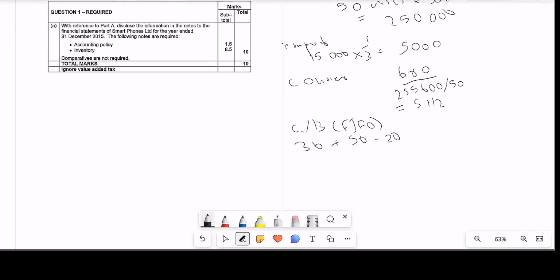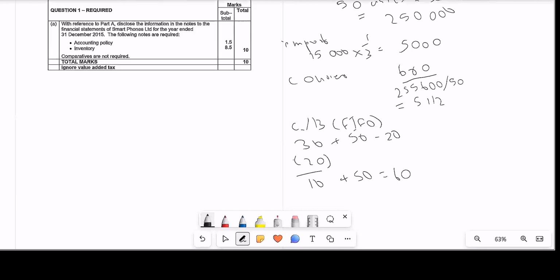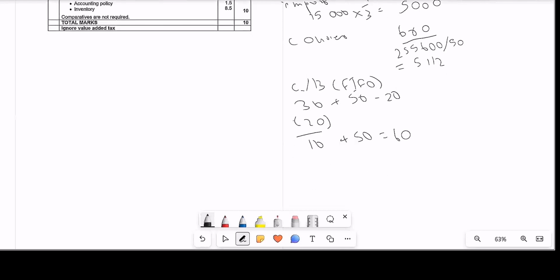So here it's gonna be less 20, and we're gonna be left with 10 plus the 50 that was bought. So in total here, we have 60. The 10 was bought for 5,000, so we're gonna multiply this by the individual costs here.